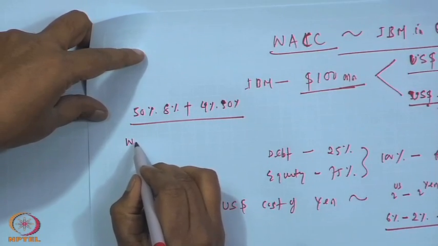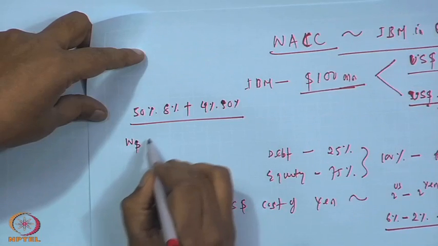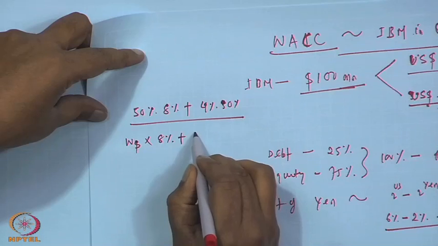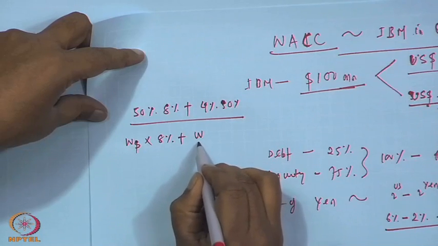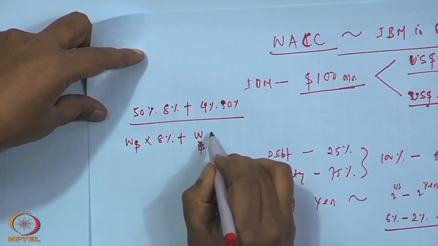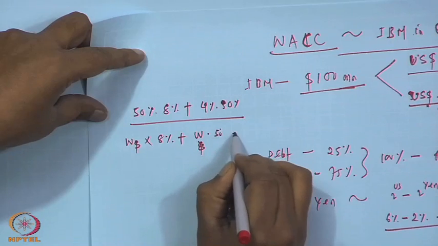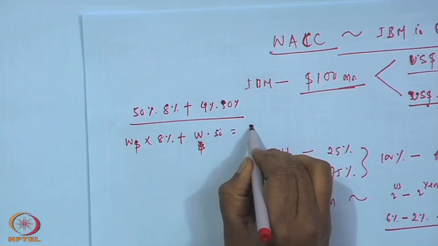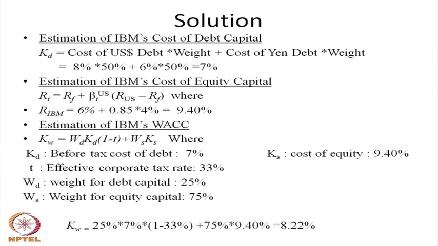The cost of debt is the debt in dollar into its cost of debt plus the debt in yen into its cost of debt, each at 50%, and that will give you the total cost of debt. So, the total cost of debt, if you see here, is 8% and 6%, that is 7%.